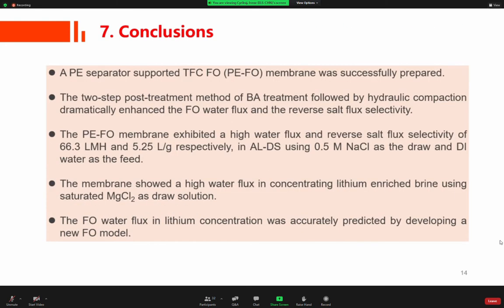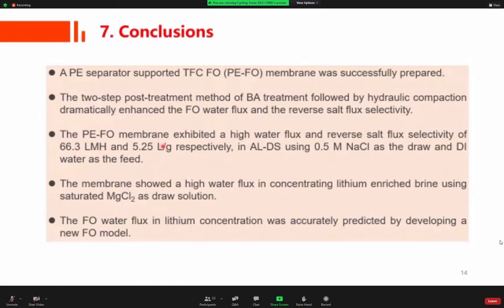To conclude, we successfully prepared a PE separator-supported TFC FO membrane. The two-step post-treatment method of benzyl alcohol treatment followed by hydraulic compaction dramatically enhanced the FO water flux and the reverse solute selectivity.